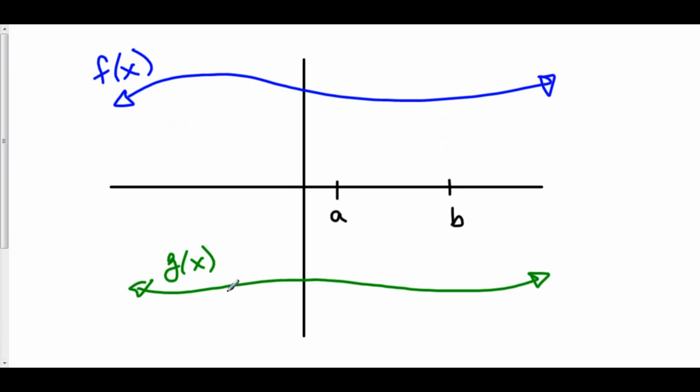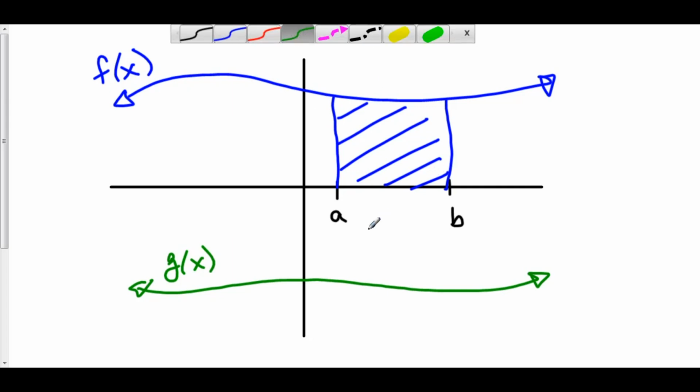Now, what happens if your lower function is below the x-axis? Wouldn't this change anything? The answer is no. Actually, it doesn't change anything at all. Because if you found the integral of f of x, that would be finding this area in here. But then you'll be saying, hey, wait a minute, isn't the integral of g of x going to be negative?